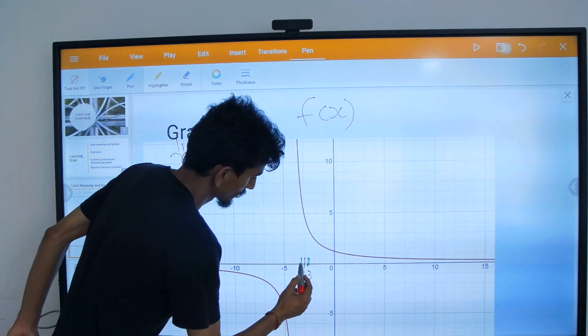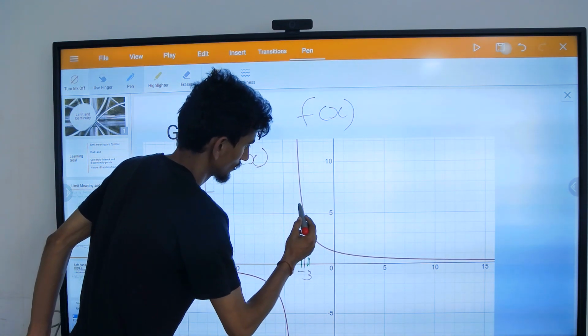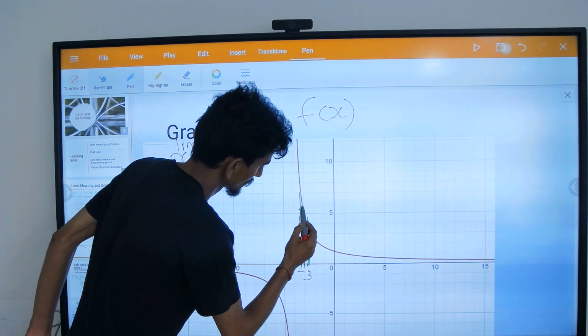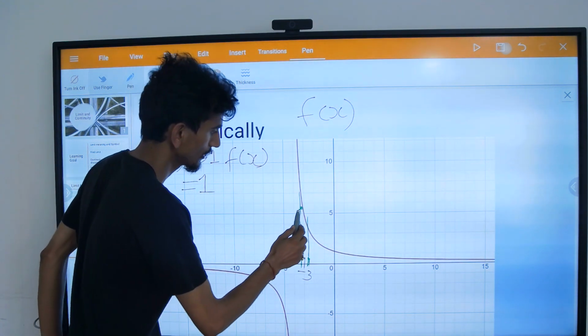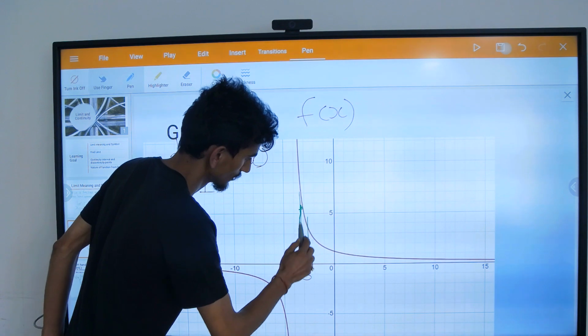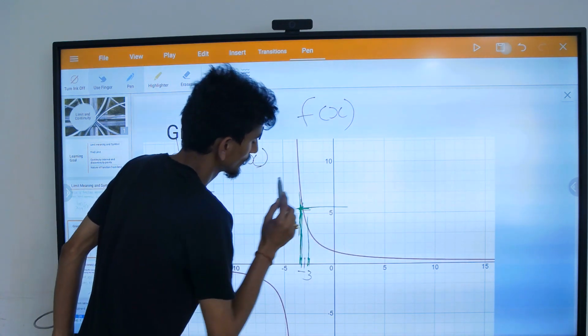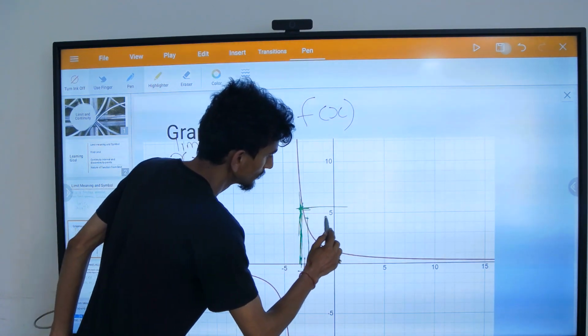And if we see the functional value, again here you see this point, this and this.